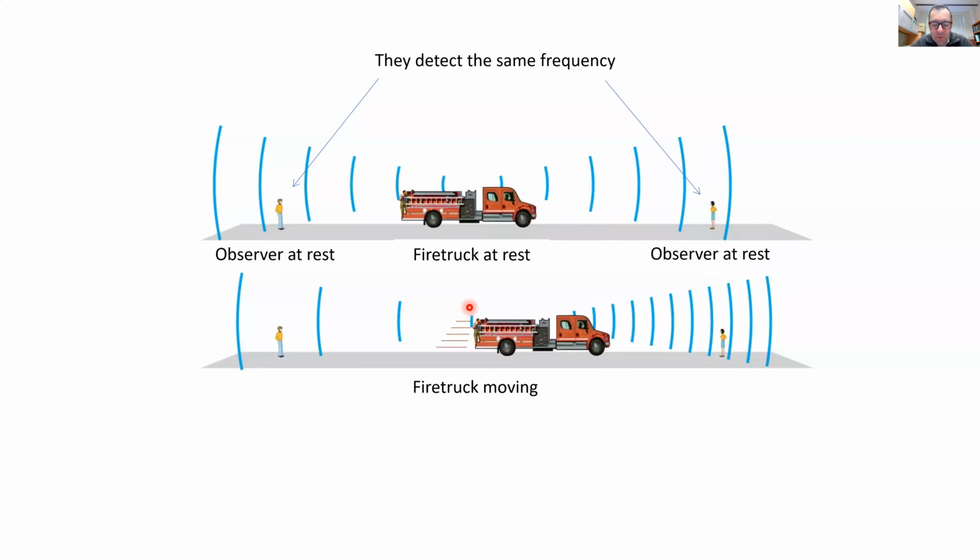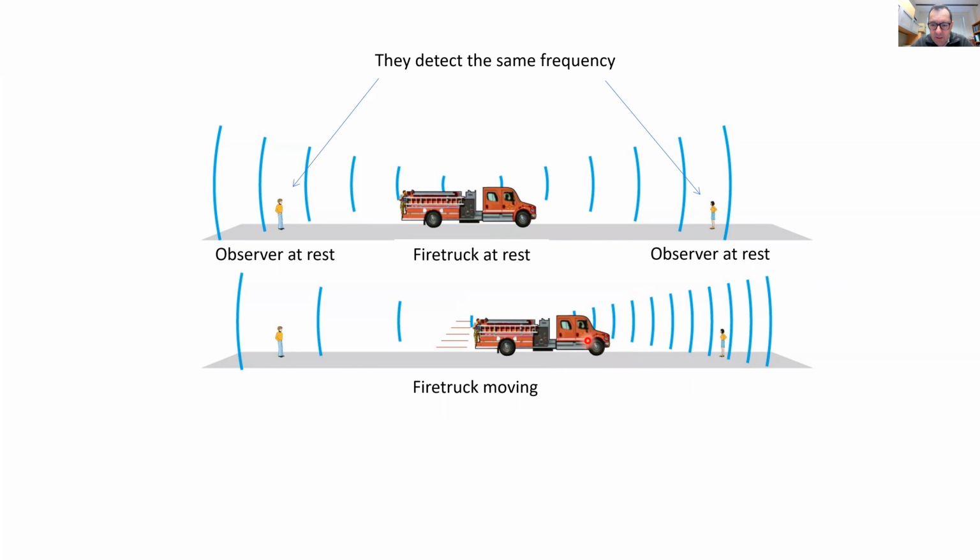Now suppose that the fire truck moves. Look what happens to the wave fronts. In front of the truck, the wave fronts bunch up. That's simply because after emitting one wave front, the source of the sound in the fire truck moves towards that same wave front and then emits another one.